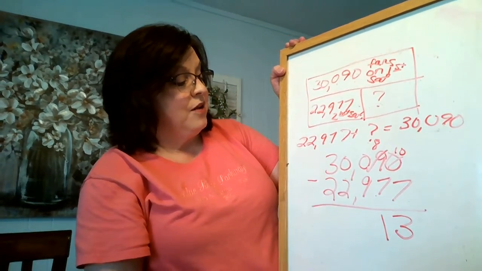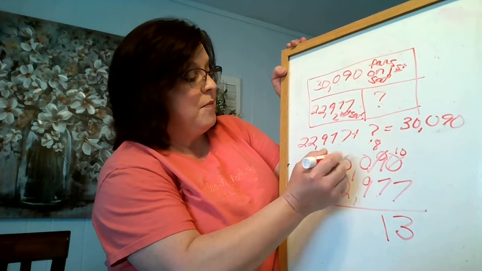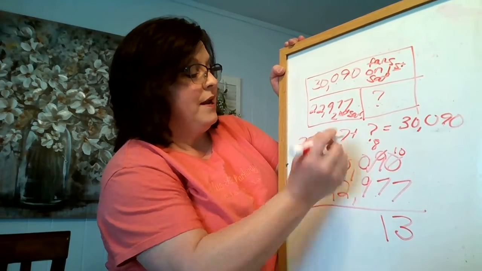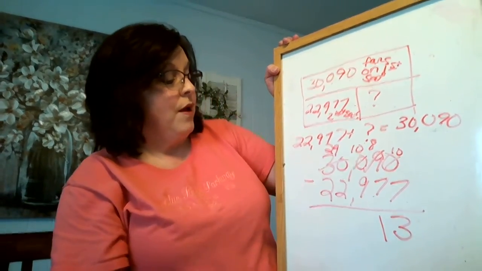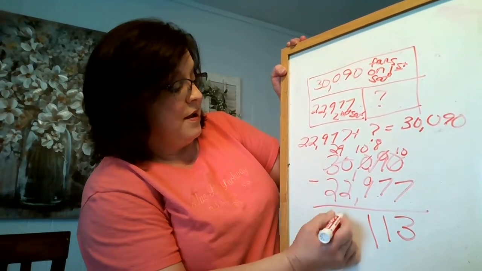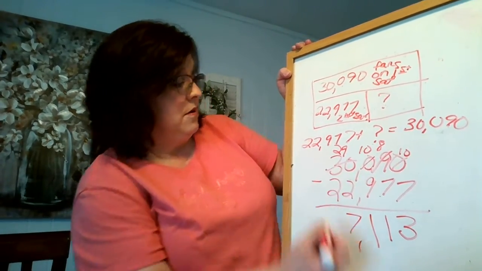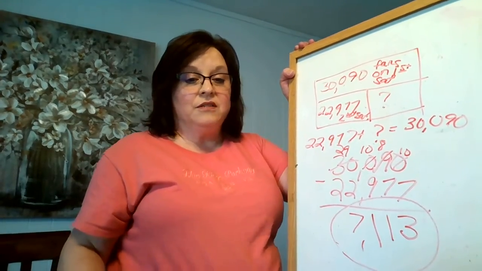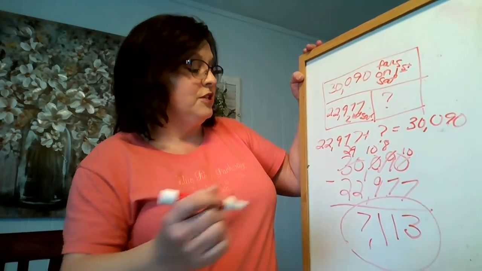So we are going to borrow from our 30, and we're going to make this a 29, and then make this a 10. So 10 minus 9 would be 1. 9 minus 2 would be 7. And 2 minus 2 would be 0. So how many more? 7,113.